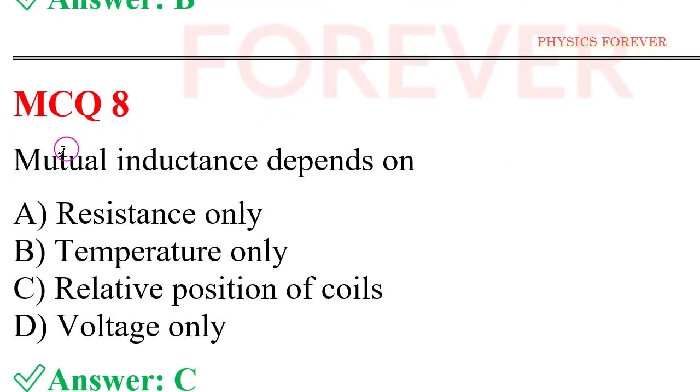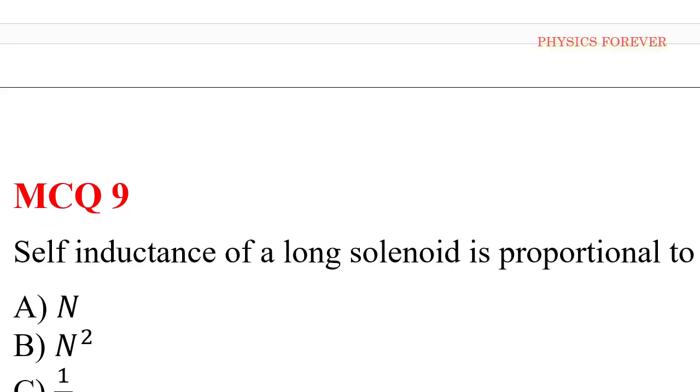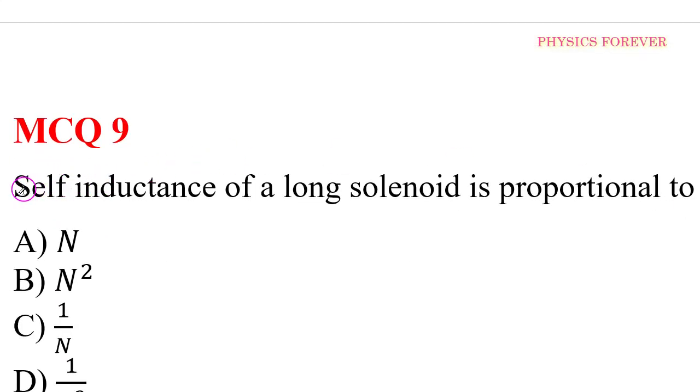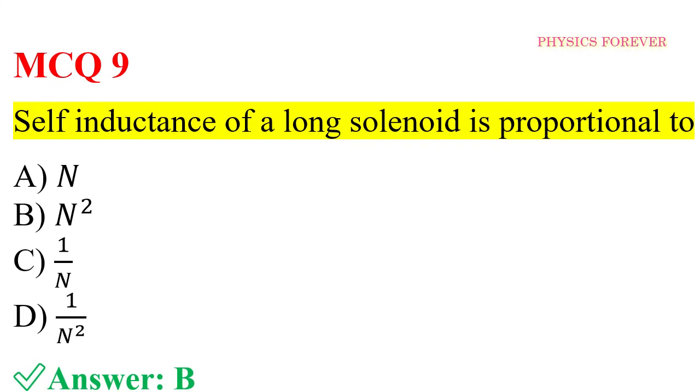Question number 8: mutual inductance depends on the relative position of coils. Mutual inductance means two coils, so the relative position of the coils matters. Question number 9: self inductance of a long solenoid is proportional to... option B is correct, n square.